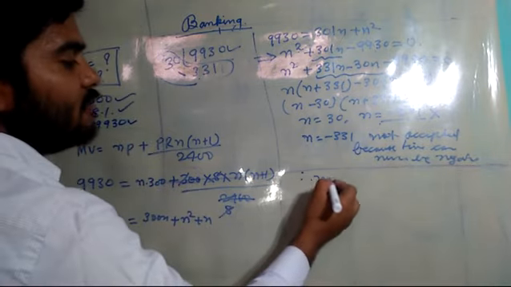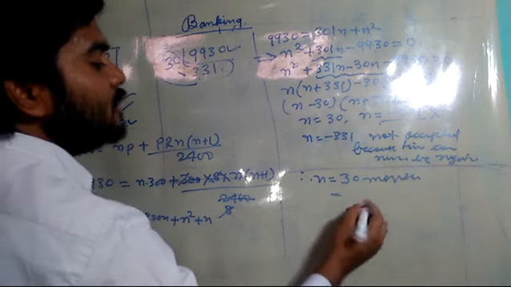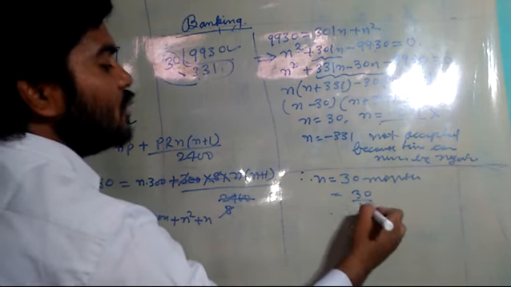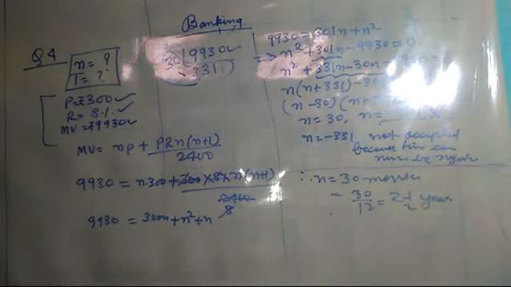Therefore, N will be equal to 30 months. 30 months means what? 30 by 12, which will be equal to 2 whole 1 by 2 years. So in this way, if you know all the formulas, if you learn the formulas by heart, it will be very easy to solve this question and get full marks.